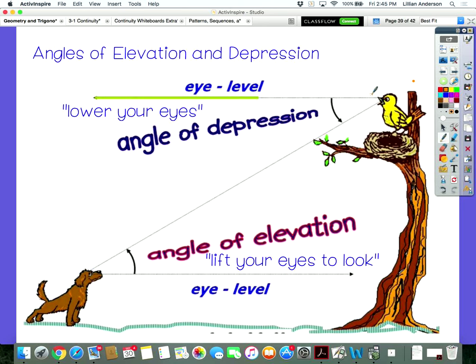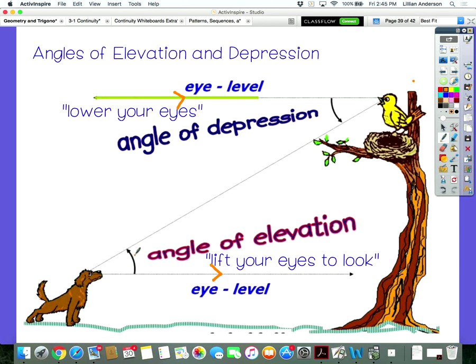Now, both of these horizontal lines are parallel because they're horizontal. Horizontal lines are parallel, yes. Okay? And this angle here that's created creates these two types of angles. Anybody remember from geometry what those angles were called? This angle of depression, this angle of elevation?